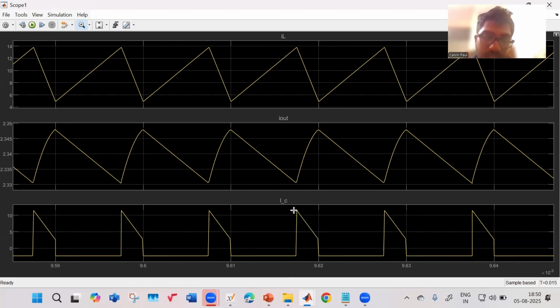This peak is my inductor current peak minus the average output current. Here it is around 13.8 minus 2.3, which comes out to be 11.5. So this is around 11.5 ampere. This is how it will look.